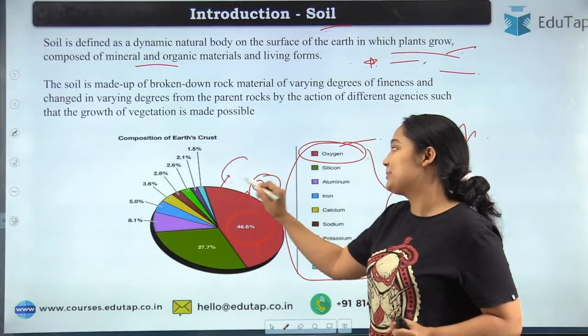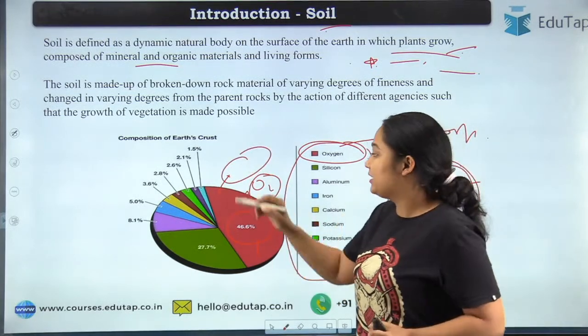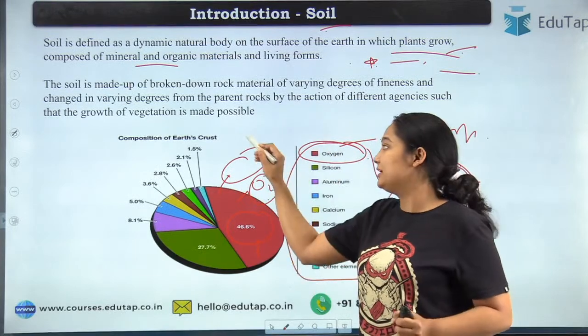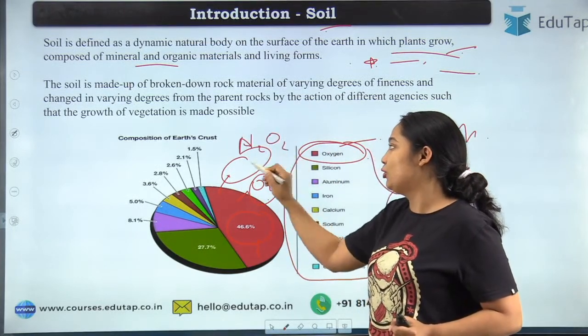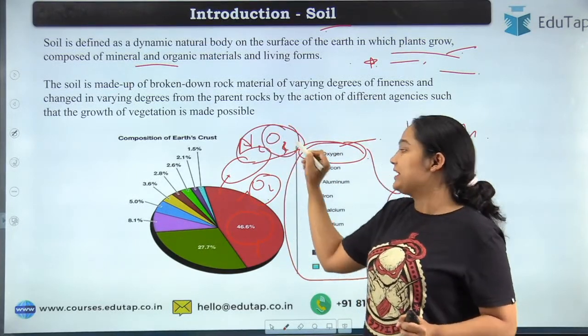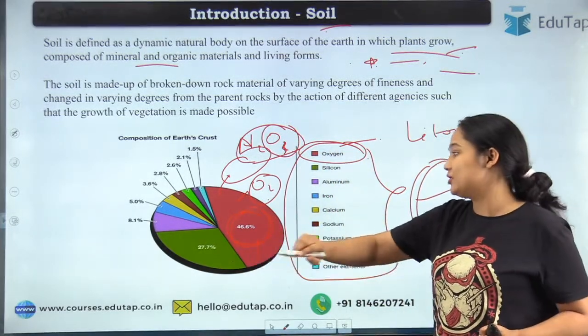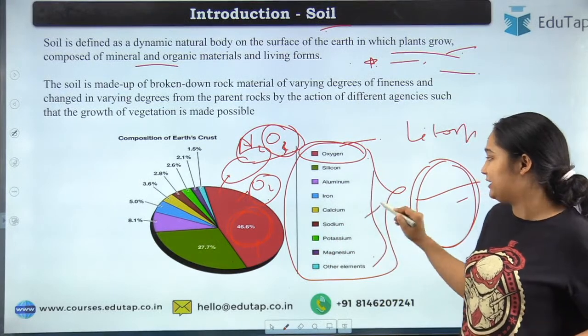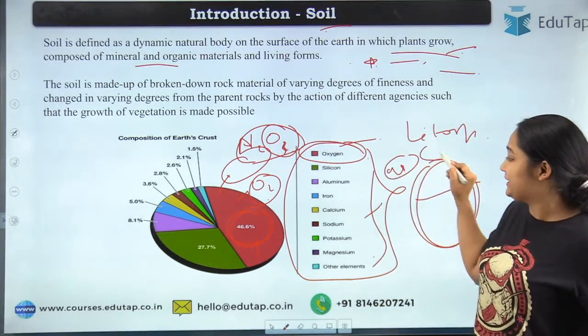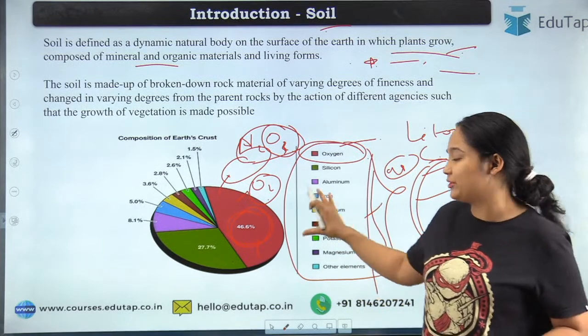Usually this oxygen is present in some other compound, together with other minerals, let's say Al2O3. In this kind of form oxygen is present, but the overall percentage of oxygen is very high. Then second is silicon. Then you can see other components too, and basically only these components make up more than 98%.